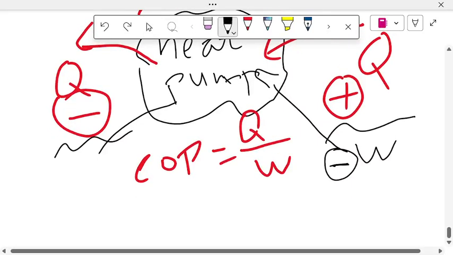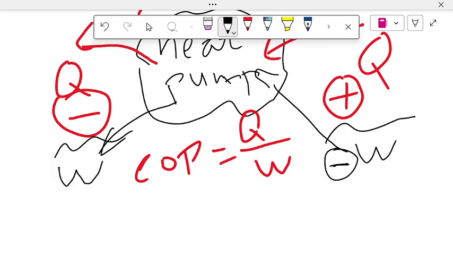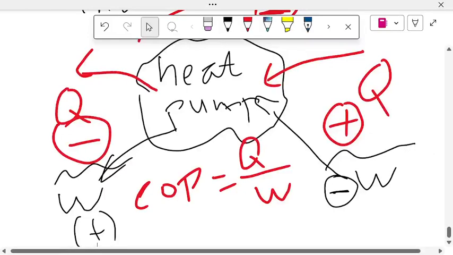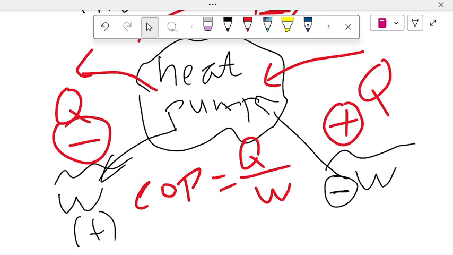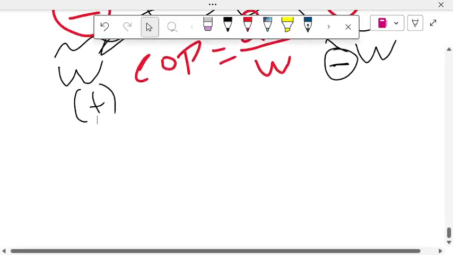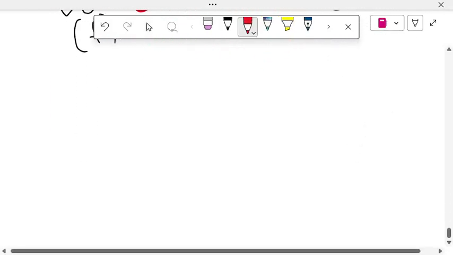If the system gives me mechanical work, this is a plus mechanical work. Okay, so let's remember this and see what happens.